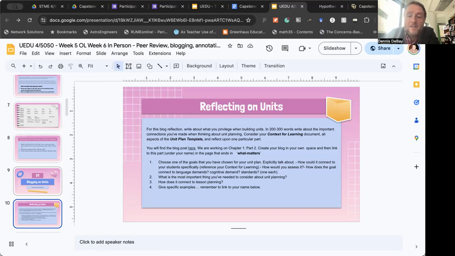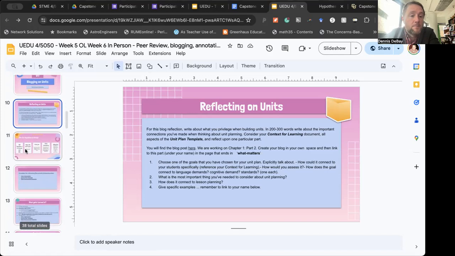And then I'm going to ask you to actually share a little bit about your unit plan in this blog. I'm going to ask you to find one of the goals that you've chosen and connect it to some of the stuff we've been talking about: cognitive demand, language demands, all that good stuff. What are the things that we need to consider? How does that connect to standards? I just want you to write about one experience and one connection to that.